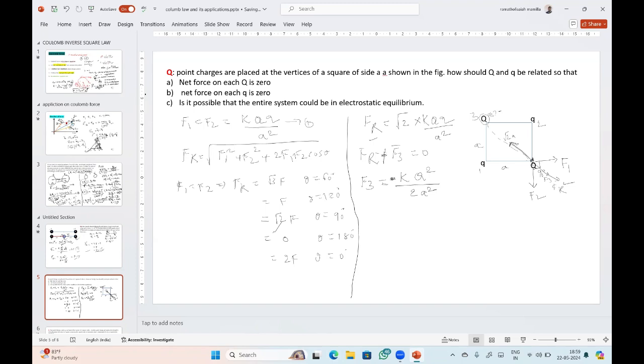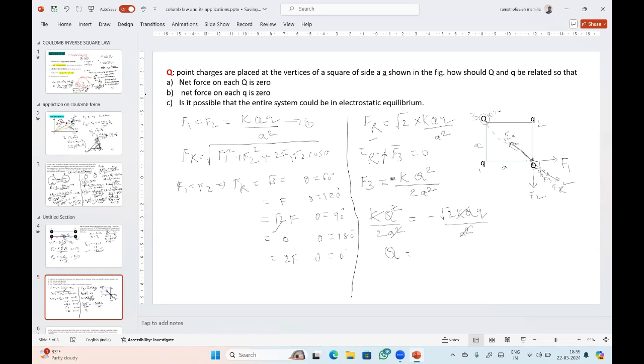Now the sum of these two is equal to 0. Therefore K into Q square by 2A square. Sum is equal to 0 means it will be minus root 2 KQ into Q by A square. So A square gets cancelled. KQ gets cancelled, which means Q is there.